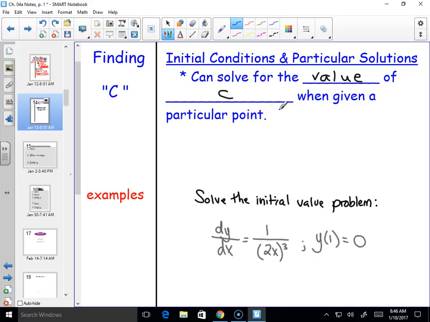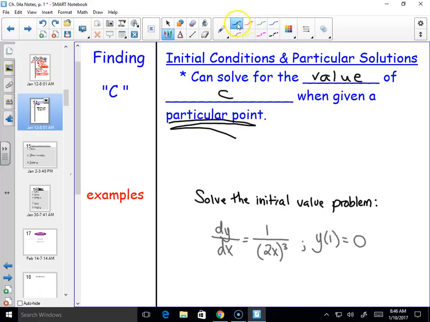Otherwise C can mean any constant. We don't know. Every constant has a derivative of 0. Who knows? But we can only solve for an actual value of C, which is the arbitrary constant of integration, if you want the snazzy name, constant of integration, when given a particular point.